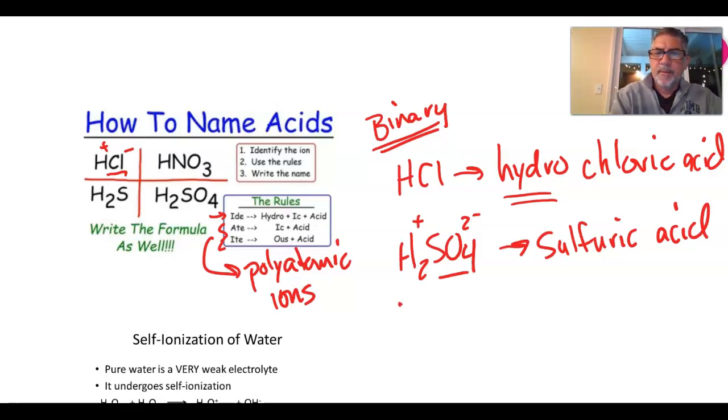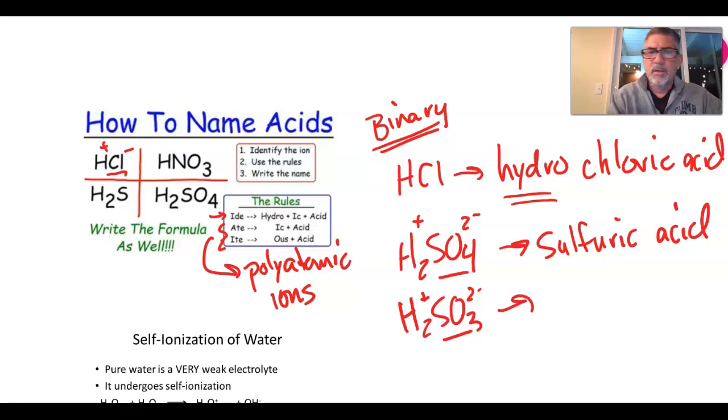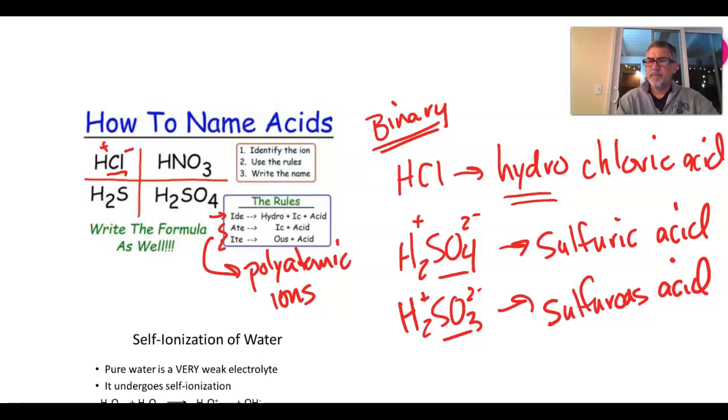If I had this, this is sulfite. So ite becomes ous, so this would be sulfurous acid.